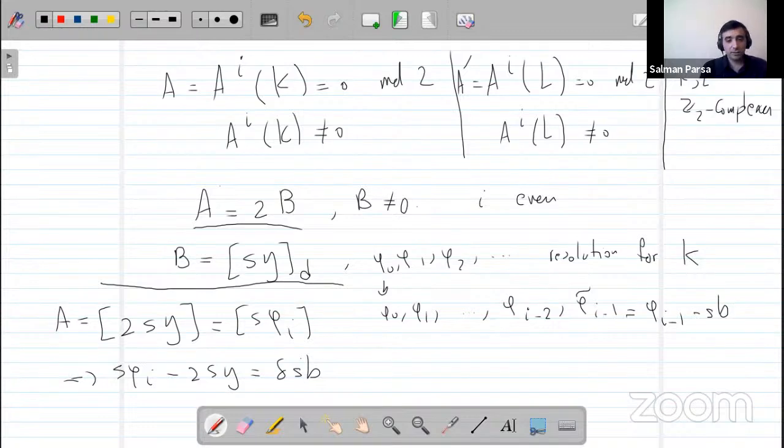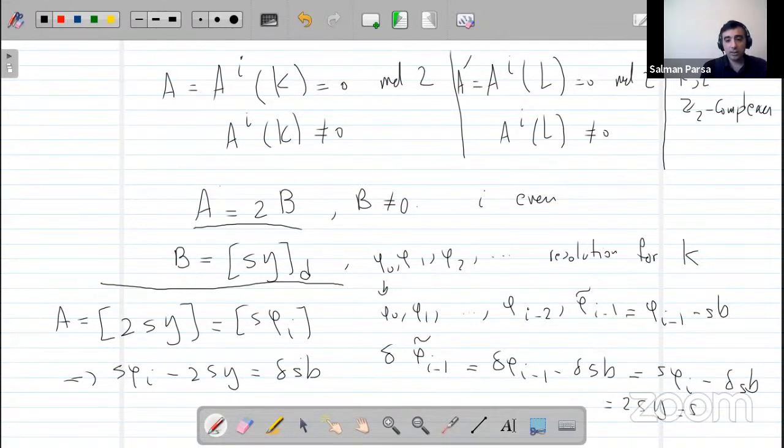And after this, the coboundary of phi tilde I minus 1 will be the coboundary of phi I minus 1 minus the coboundary of SB. This gives us S phi I minus the coboundary of SB, which will be 2 times S eta.